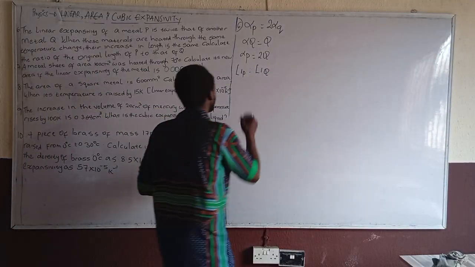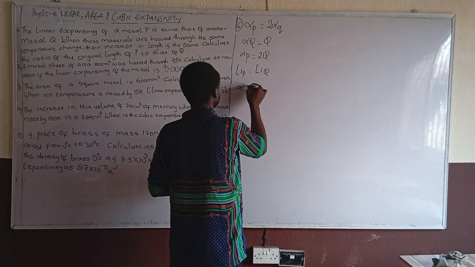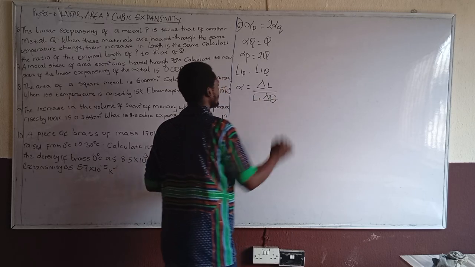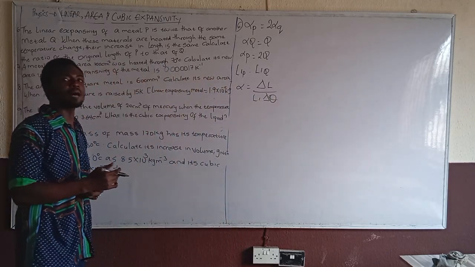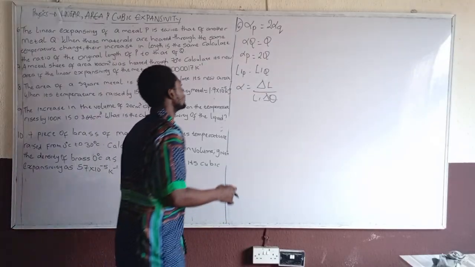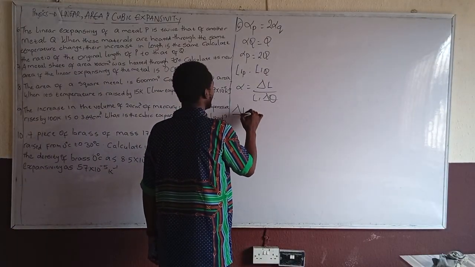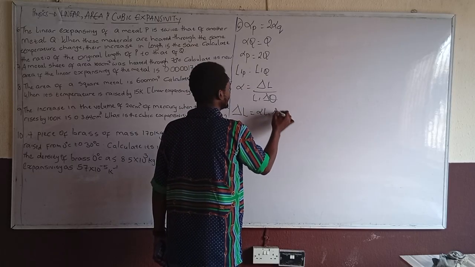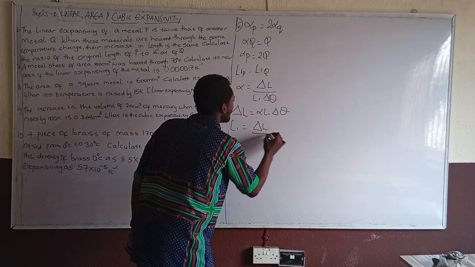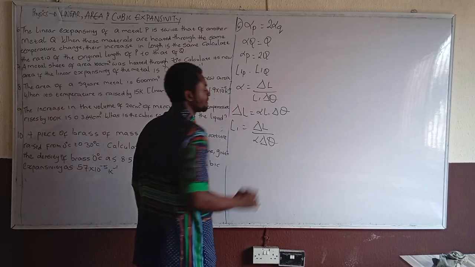Now, linear expansivity is delta L over L1 delta theta. Since it's L1 I'm looking for, I'll make L1 the subject of formula. So delta L becomes alpha L1 delta theta, and L1 becomes delta L over alpha delta theta.